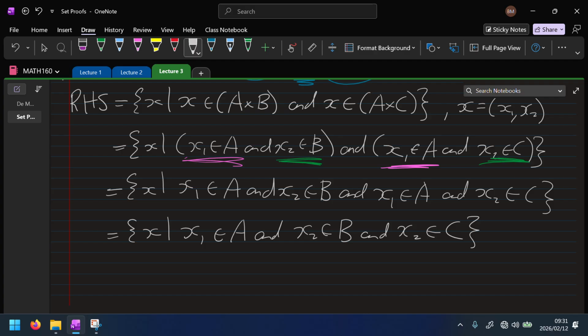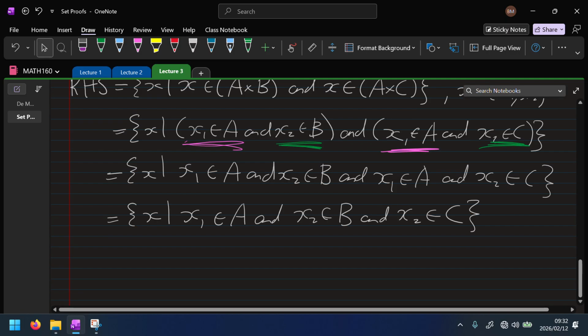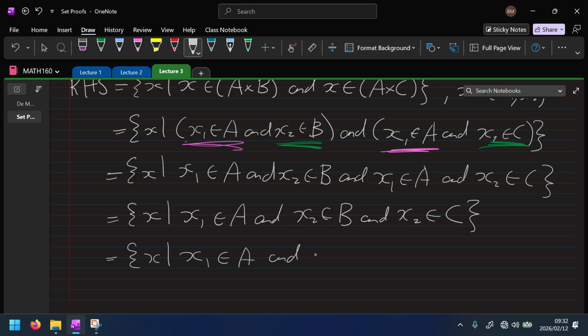What does it mean for X2 to be an element of B and X2 to be an element of C? And means intersection, exactly. Finally, the first part belongs to A and the second part belongs to this.